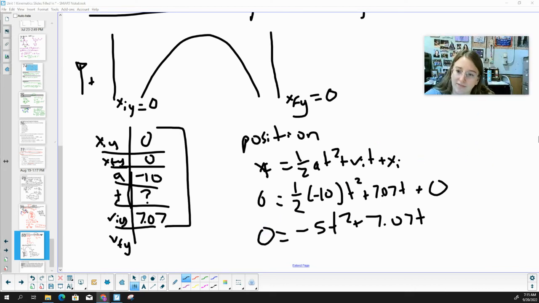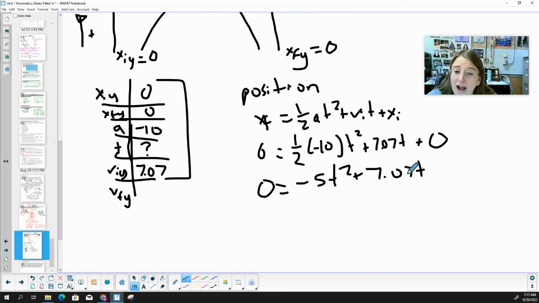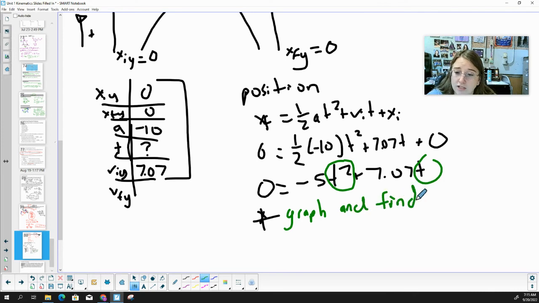However, I want to show you how to do it graphically because it does make your life pretty easy. So what we're going to do is graph this when you've got a t squared and a t, graph and find the roots. Again, roots or zeros or x-intercepts, yeah, whatever you want to call them.